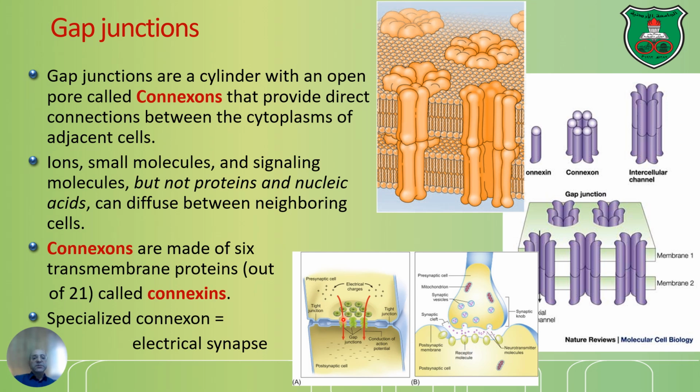Well, what happens sometimes is that between these nerve cells, you can have these gap junctions where the electrical charges can pass through the gap junctions rather than being transmitted via these neurotransmitters. So these are specialized gap junctions.